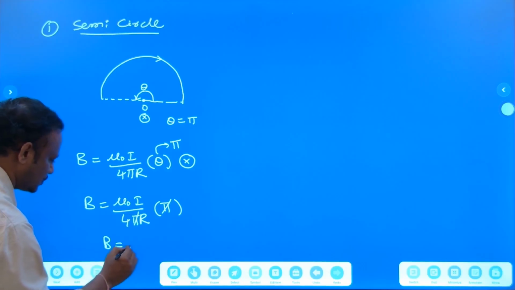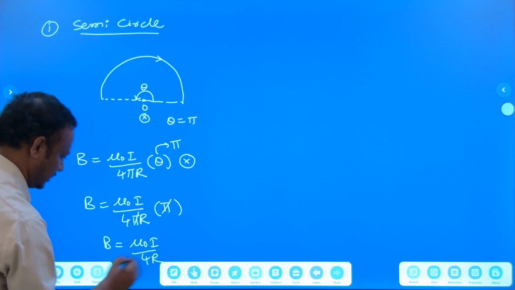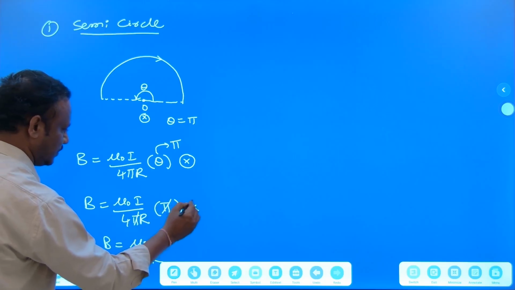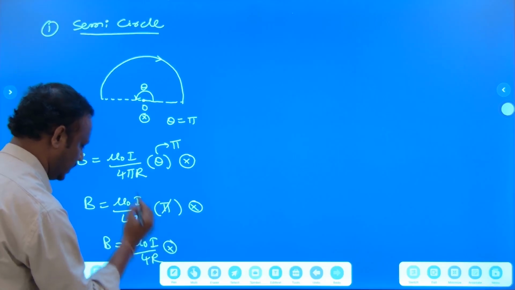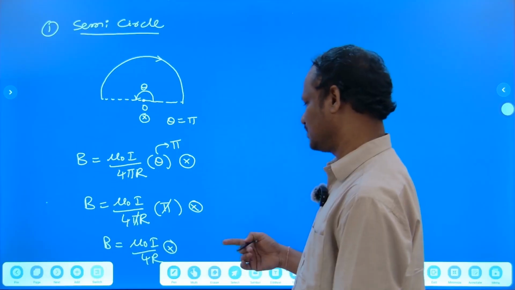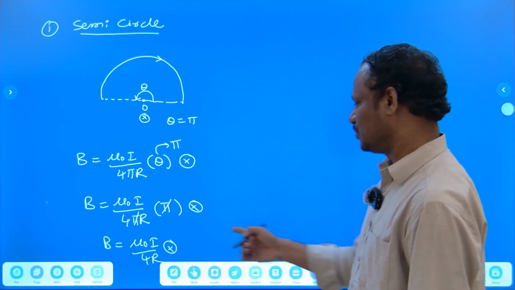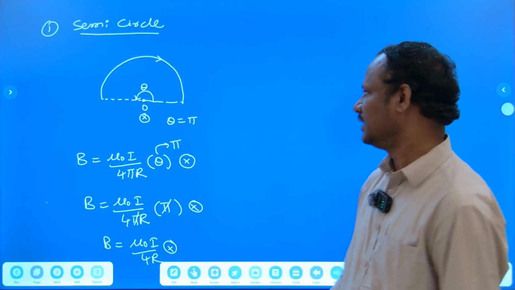B is equal to mu naught I by 4 r. It is into the plane. If you want to write the sign convention, into the plane means negative z axis, out of the plane means positive z axis, so minus k cap we can also write.